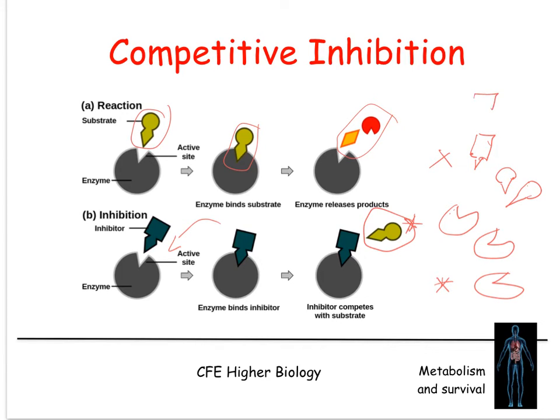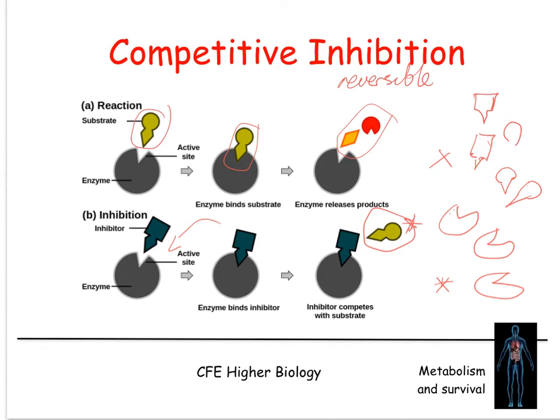I'll just draw another one of the inhibitor. Now we say that competitive inhibition is reversible, and it can be reversed by increasing the substrate concentration, that is, adding more substrate.